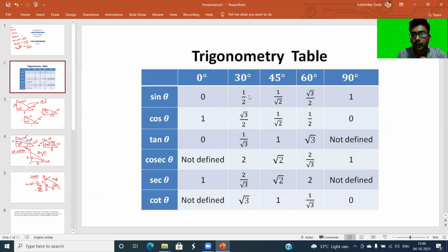Sine 0 is 0, sine 30 is 1/2, sine 45 is 1/√2, sine 60 is √3/2, and sine 90 is 1.